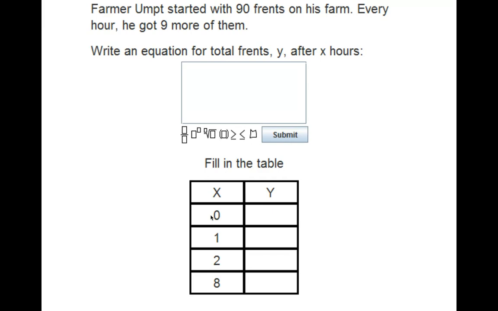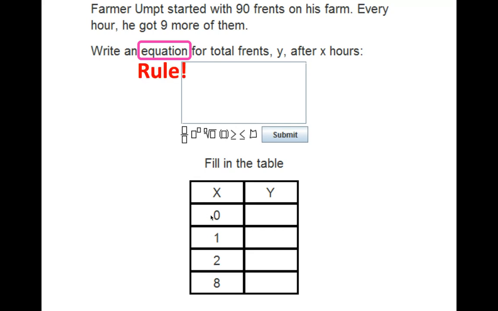In this case, the more hours, the more fronts. And then there's more less. So every hour it decreases, there's less fronts. And so that's one of the things we're going to have to establish with these problems is what kind of relationship. In this case, it's a more, got 9 more.